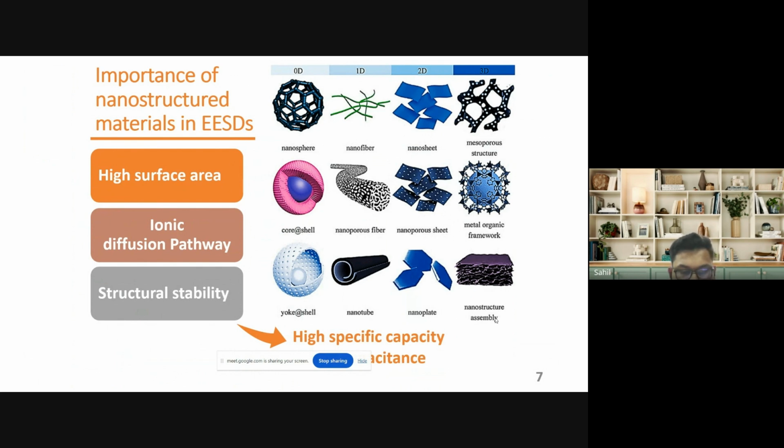Different dimensional materials like 0D, 1D, 2D, and 3D materials play a crucial role in enhancing performance because of their high surface area, high ionic diffusion pathways, and structural stability, which enhance specific capacity and capacitance. Nowadays, two-dimensional materials show great interest in energy storage applications.